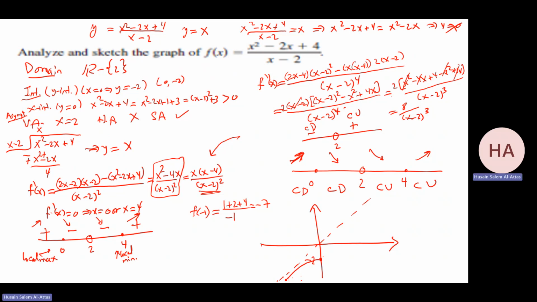At 2, we have an asymptote. Yes, there is a vertical asymptote at 2. So it will be doing like this, then it will be decreasing and going down. So it will do something like this.